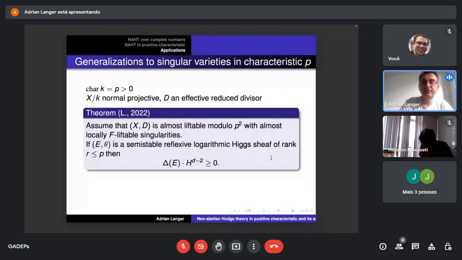but not always. The problem is that it's not exactly true that if you have something that is KLT in characteristic 0, then its reduction is locally F-liftable, or almost locally F-liftable. This is unfortunately not true. So this is a slightly different class of singularities that you get.